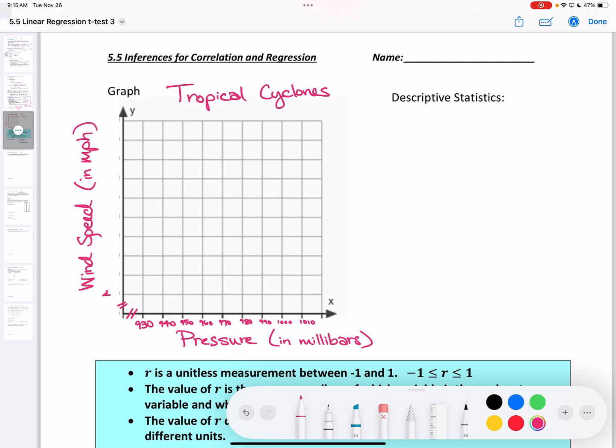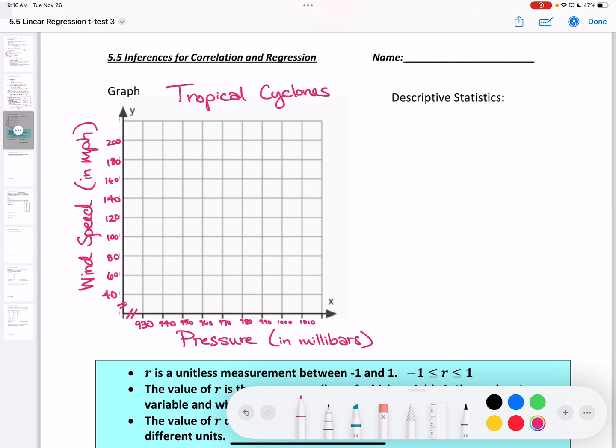And then I decided to go by 20s on this one to make sure I can fit everything. So 40, 60, 80, 100, 120, 140, 160, 180, 200. I think the highest was 150. So I definitely went up high enough.